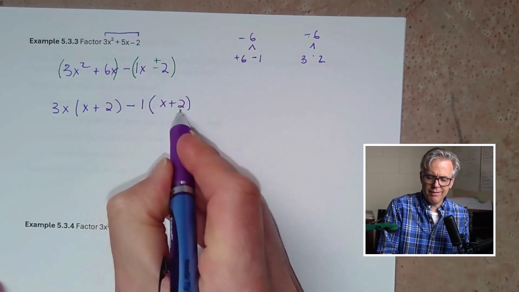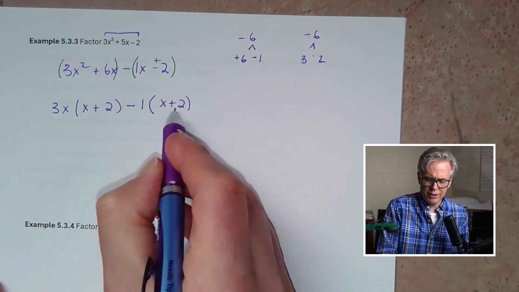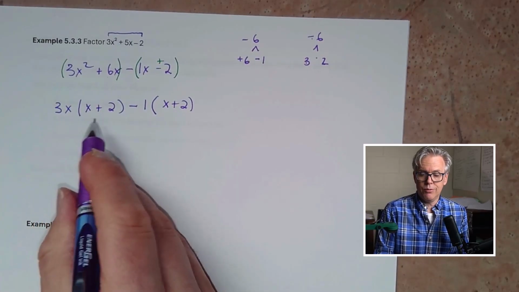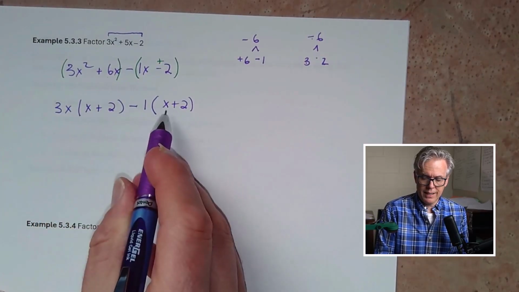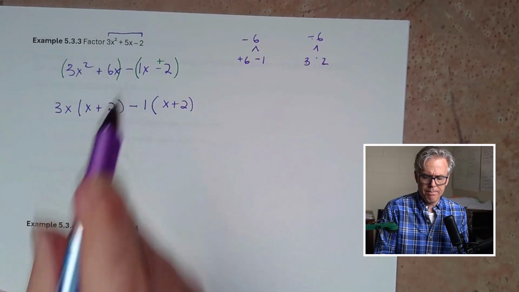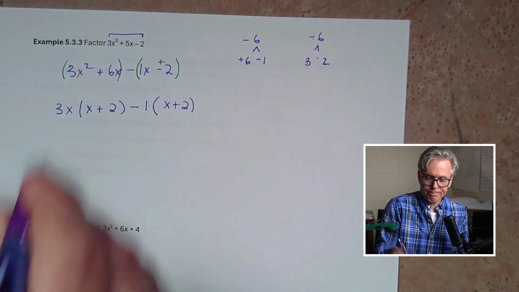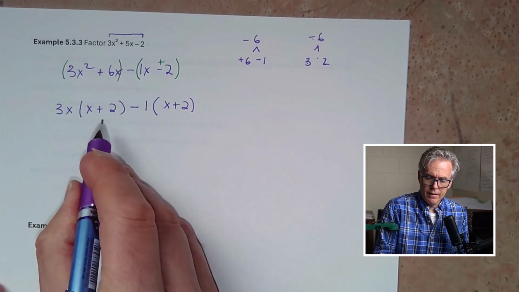Again, if I didn't do that, it would show up here and I'd have a plus 2 and a minus 2. Now, it doesn't mean that you made a mistake, but most of these do come out to where you're going to get those. Unless it's prime, it's going to work out. So what do we got here?